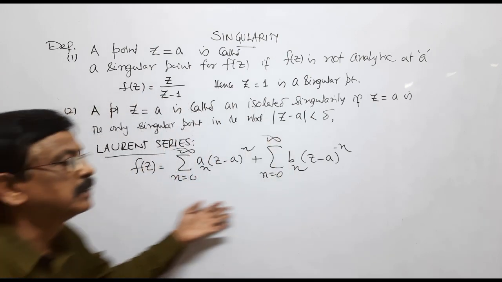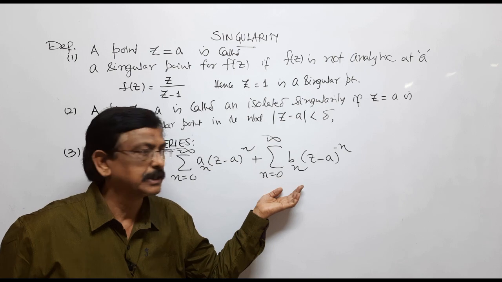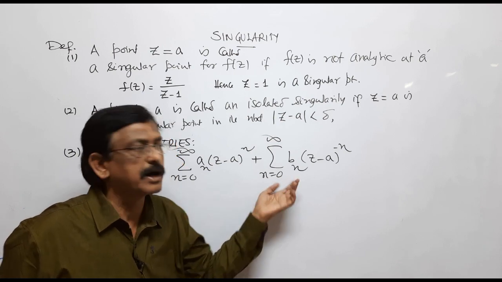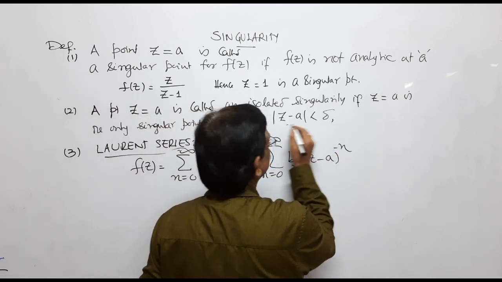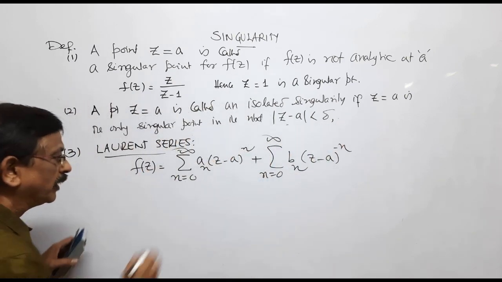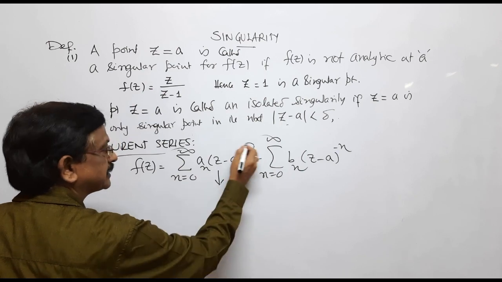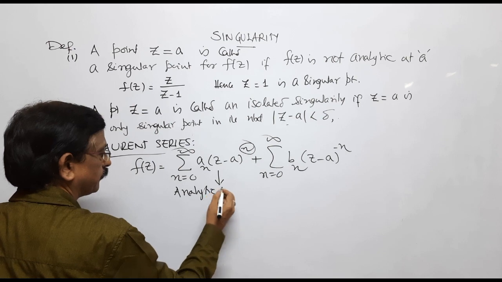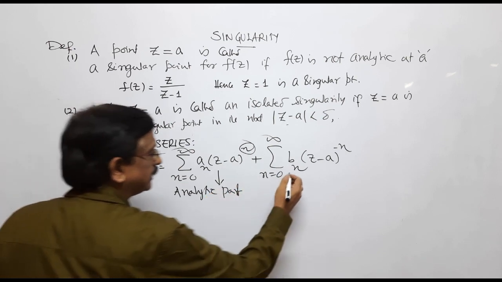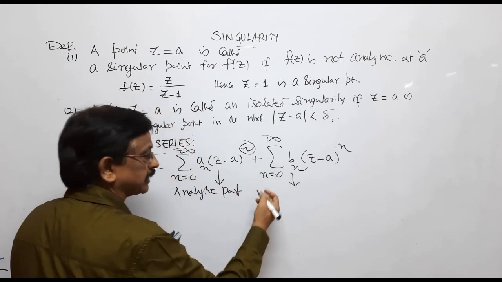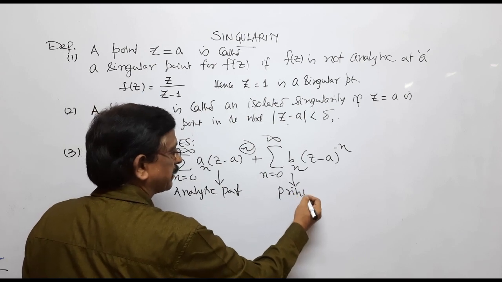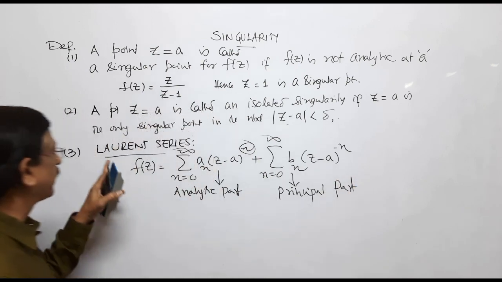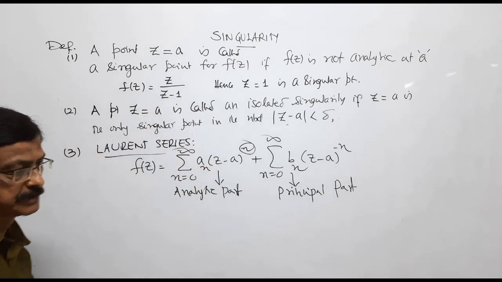Of course, this is provided mod z minus a is less than delta; the series is valid only in the disk or neighborhood mod z minus a less than delta. Since n is positive, the first part is called the analytic part. And this second part is very crucial for further discussions. It's called the principal part.